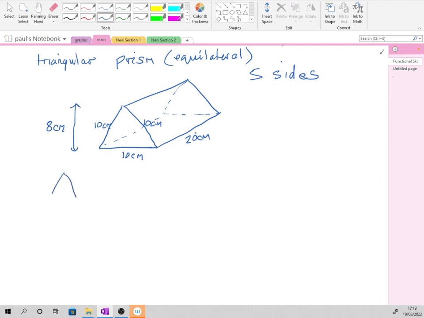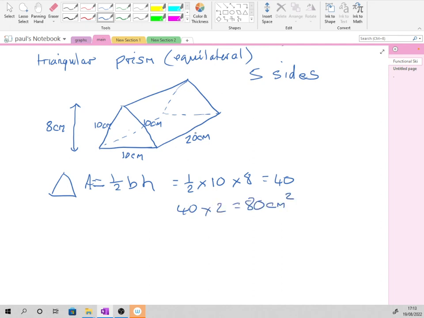Right, so the area of the triangle is half base times height. That will equal half times the base, which is 10, times the vertical height, which is 8. So that's 80, which halves to 40. We've got 2 of them, so 40 times 2 equals 80 centimeters squared.